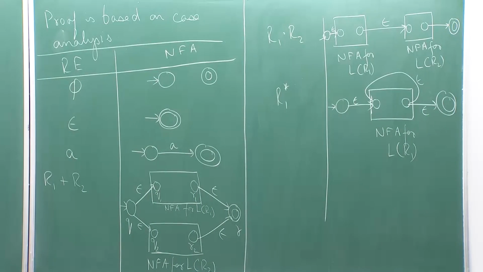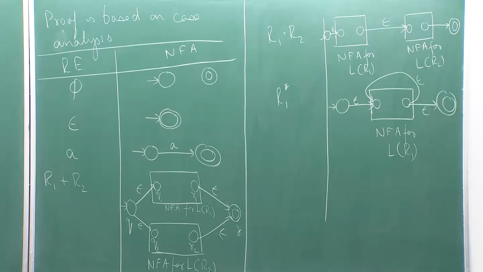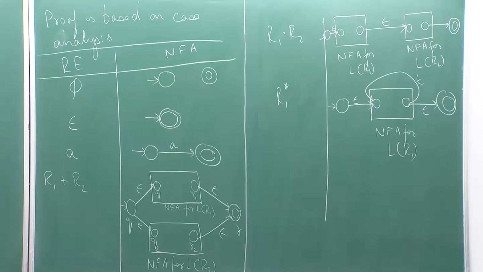Finally, what we will see today is what is called a generalized non-deterministic finite automaton. I will just give the definition of it. We will see more about it in the next lecture.